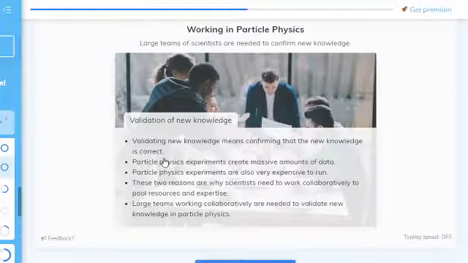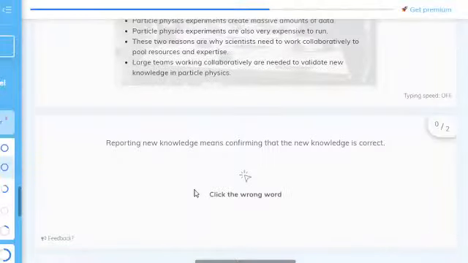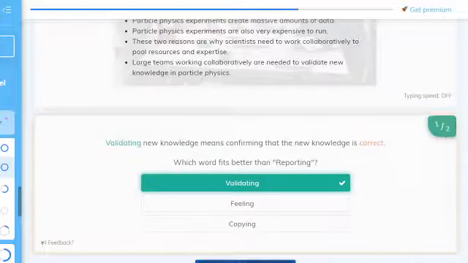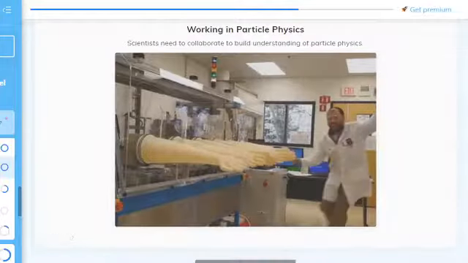So, validation of new knowledge. This is basically when something new comes out, people have to work together to validate whether it's actually correct, because if it turns out to be wrong, they've wasted a lot of time and money. Validating new knowledge means confirming that it is correct, not reporting.